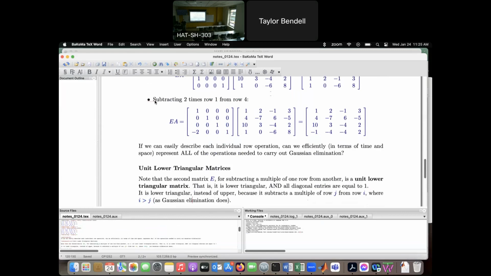So every operation that involves subtracting a multiple of one row from another, because we're using it to make A upper triangular, is always represented by a unit lower triangular matrix.